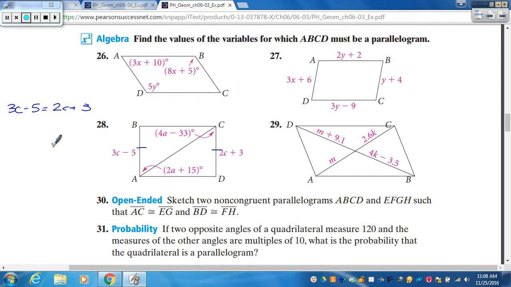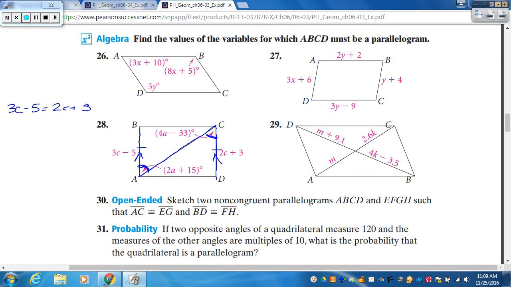And then for the other equation for a, I know that this side here is parallel to this side here. So if I go ahead and highlight this side and that side, and I highlight the transversal between the two, the angle formed here and the angle formed here, we know are going to be congruent to each other. Why?